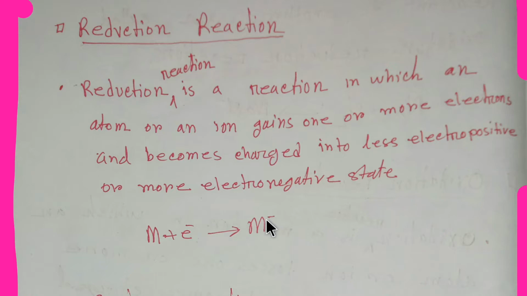So we see that the charge of M is increasing in the electronegative state, but in the electropositive state we are getting lower. So this is very easy.